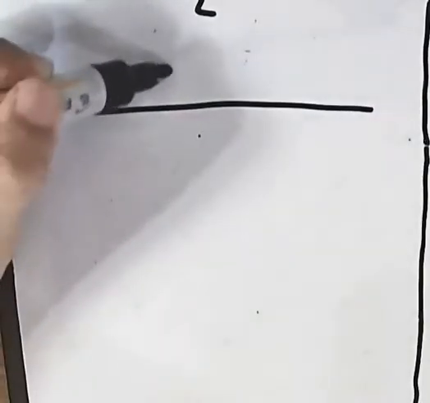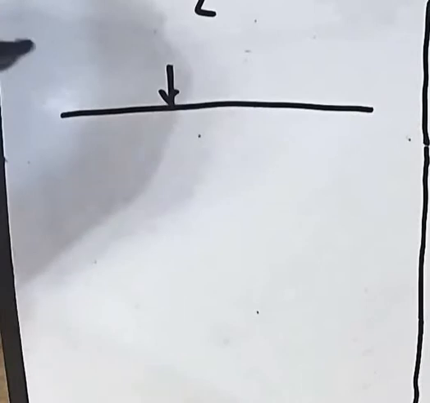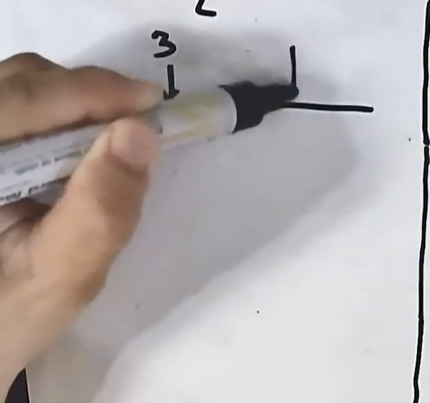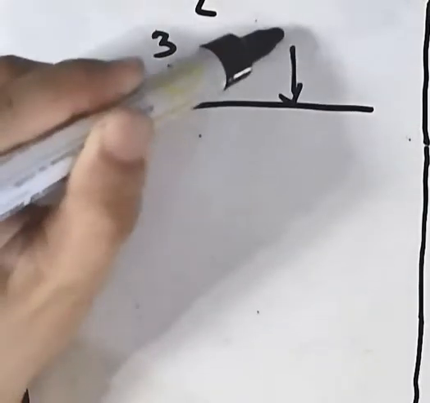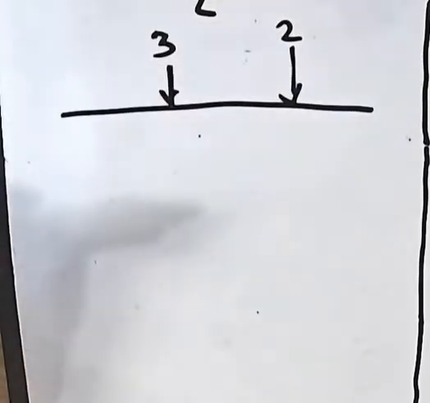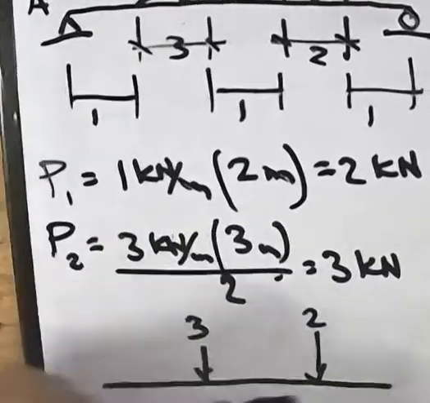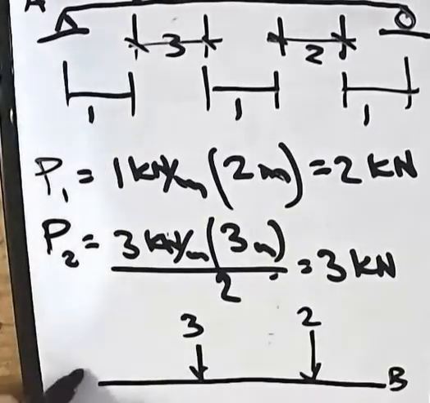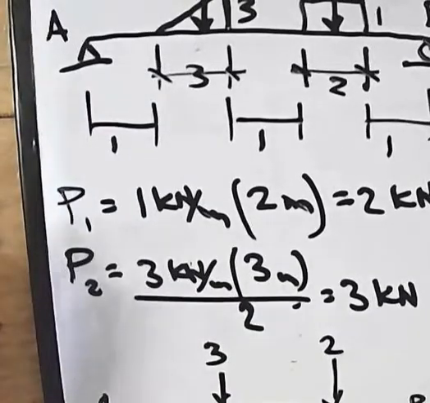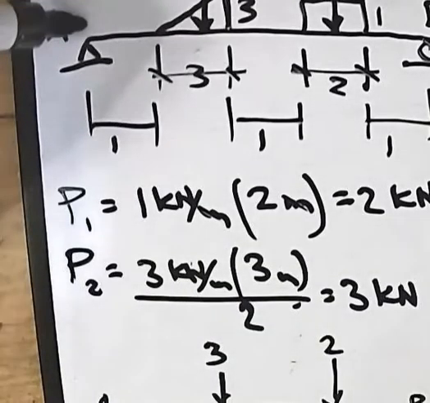Next, we will simplify the figure. What happens here is this now becomes P2, which is your 3, and then this is P1, which is your 2 kilonewton. So now, this is B and then A. We will simplify the distances.